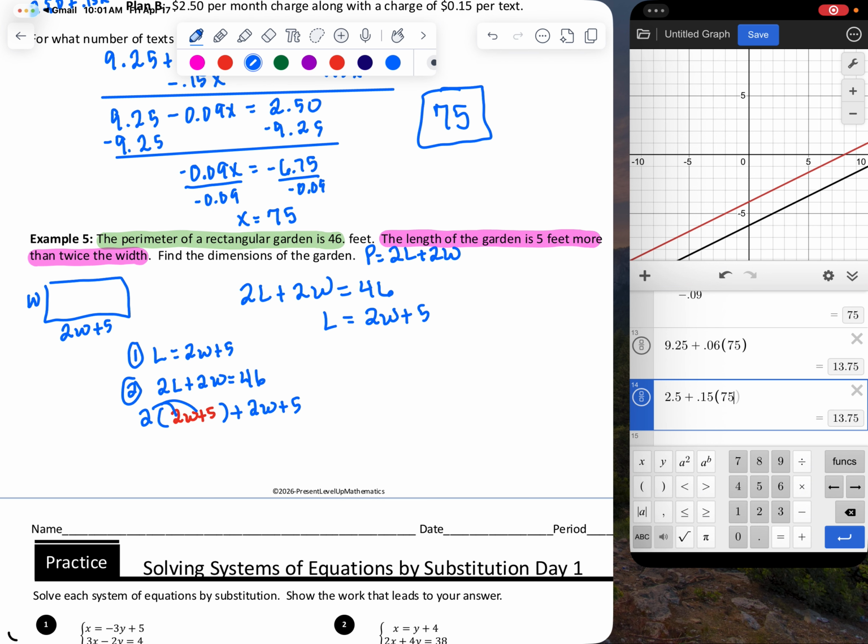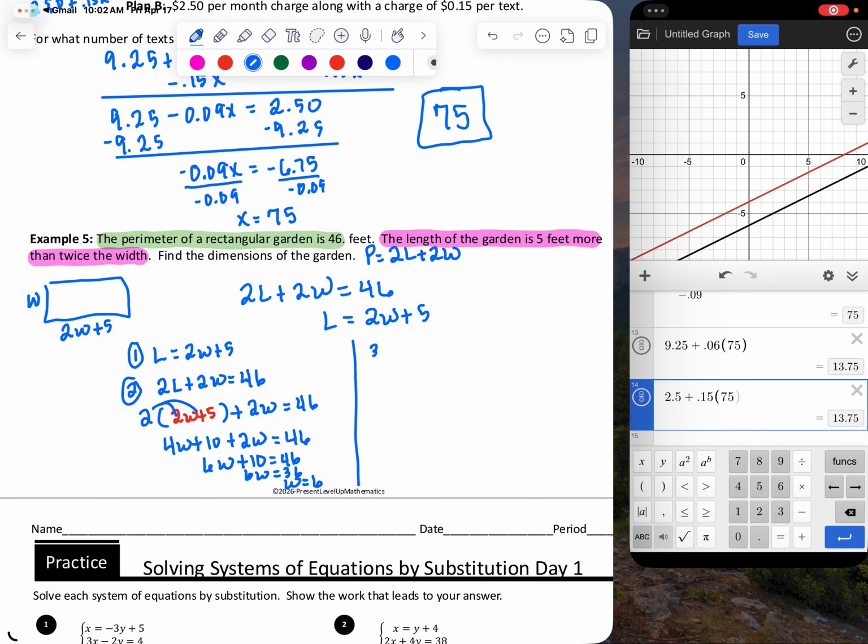So distribute. 2 times 2W is 4W. 2 times 5 is 10, plus 2W. Oh, I made a mistake here. This was supposed to say equals 46. So plus 2W equals 46. Now combine like terms. 6W plus 10 equals 46. Subtract 10 to get 6W equals 36 and divide by 6. And that gives me a width of 6.